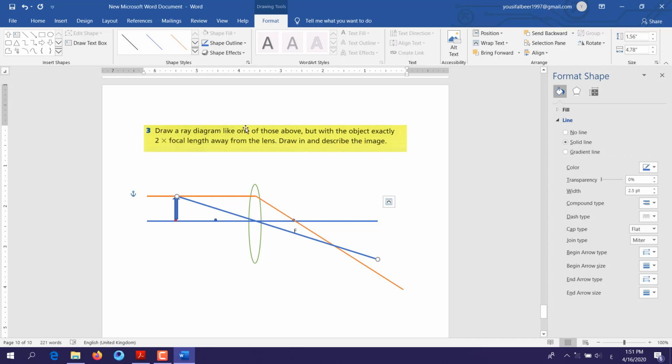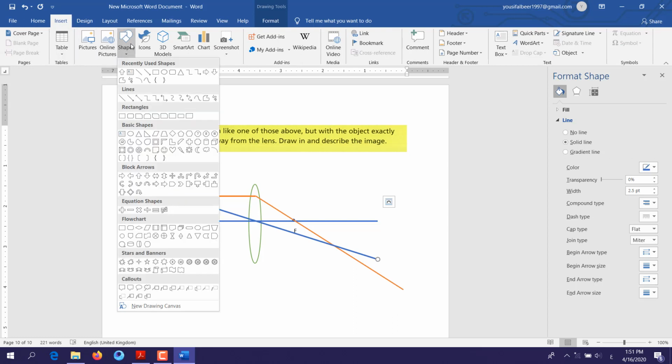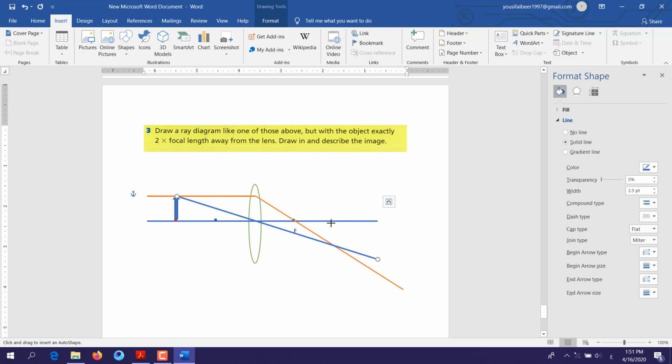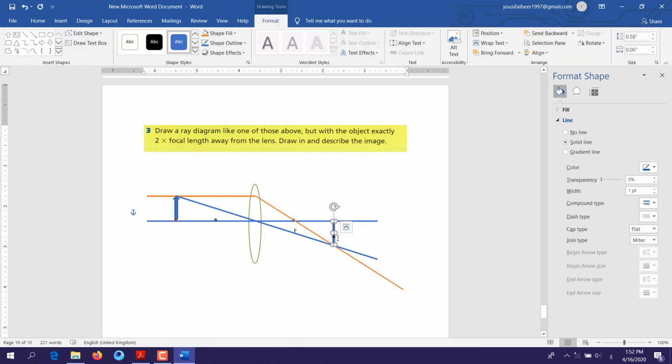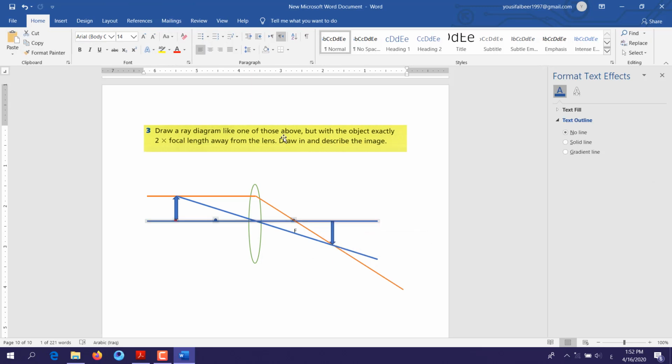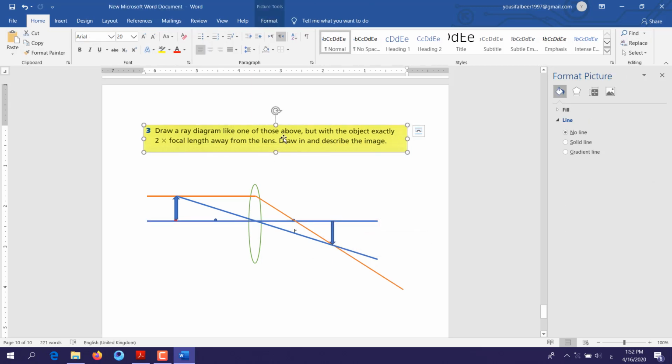Now, we will draw the image from here to the point where they meet. Now we got the image, we have the object and the image of it.